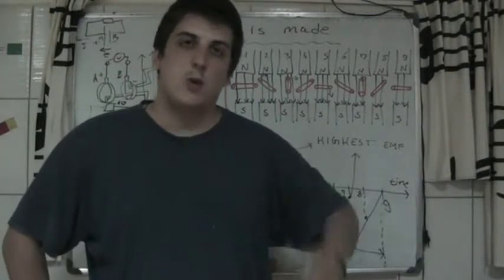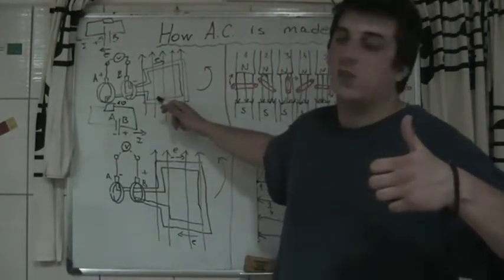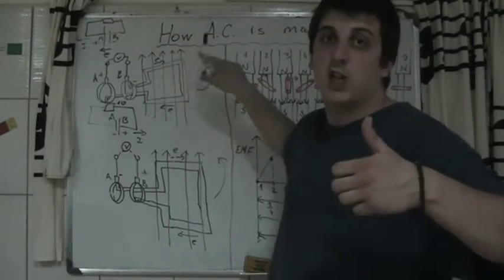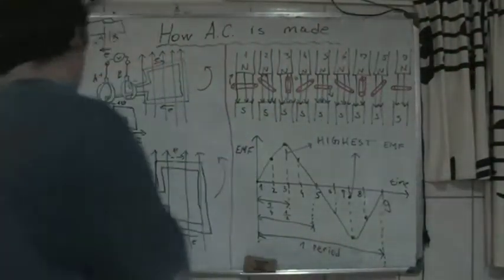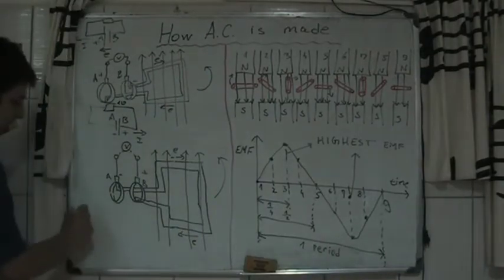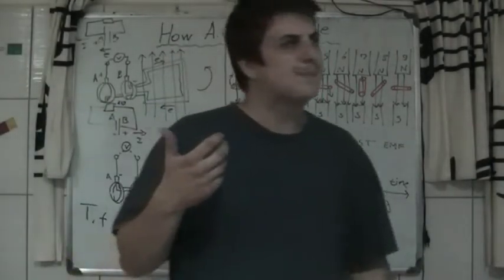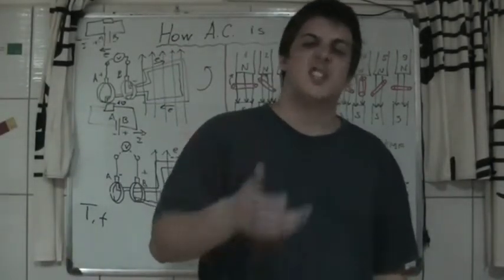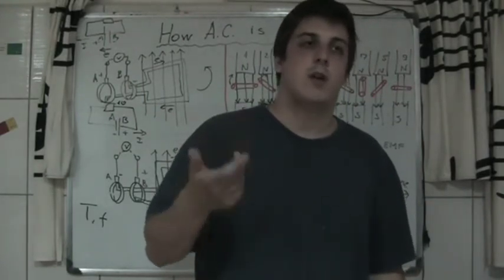That means that in 1 second, this generator is going to make 60 rotations. So let's say the period is capital letter T, and the frequency is F. Frequency is the number of rotations in 1 second.